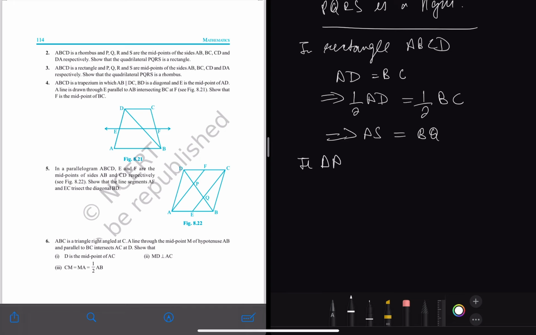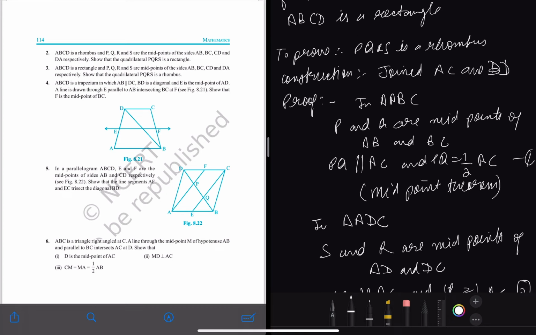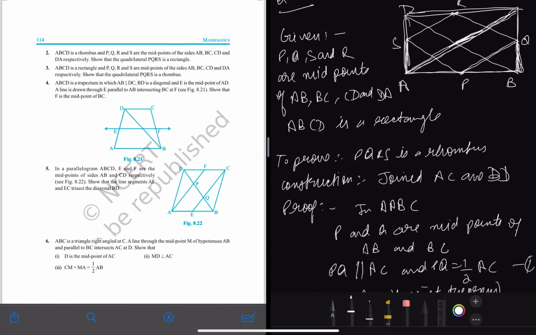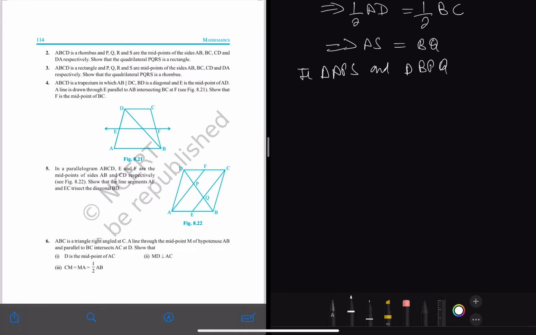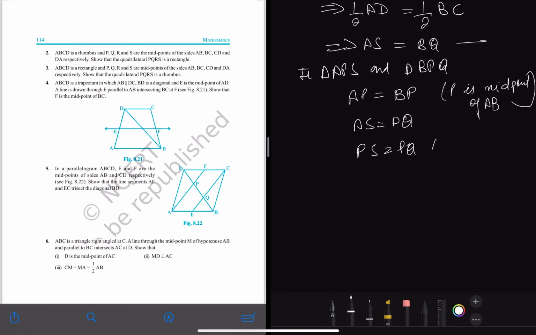Now in triangle APS and triangle BPQ, these two triangles we are taking, APS, the left corner, and BPQ, we will prove these congruent. We know that AP is equal to BP because P is the midpoint of AB, and AS is equal to BQ is what we have proved in this equation.